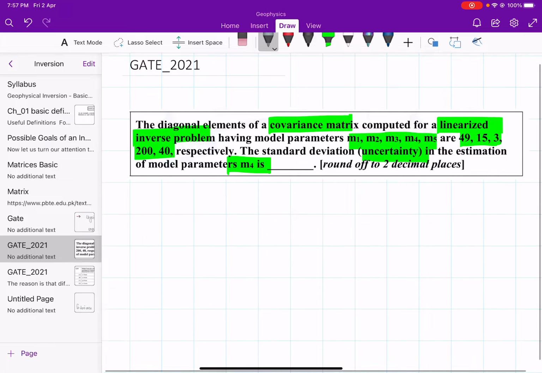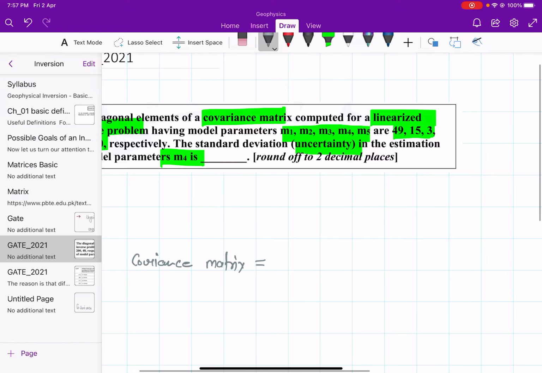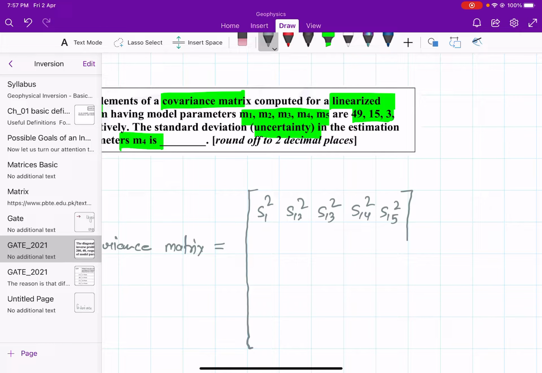In the question, the given matrix is a covariance matrix. The covariance matrix is defined as follows. Suppose the matrix is of the order 5 cross 5. The elements of the covariance matrix will be: s1 square, s12 square, s13 square, s14 square, s15 square. This is the first row.